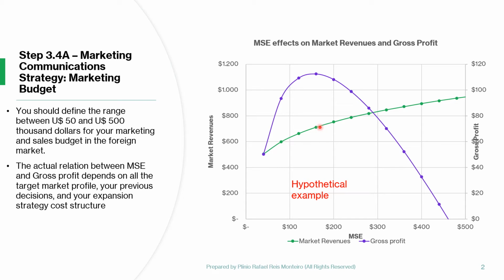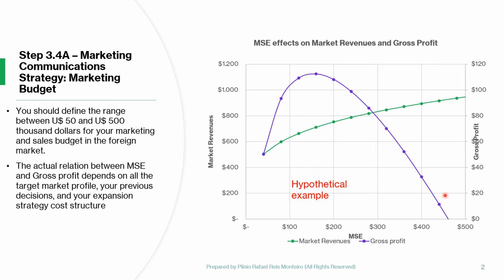So this is a big challenge. If you invest too little, you're not reaching the maximum profit viable for your business. But if you invest too much, then your profit can be reduced, and depending on the amount that you're spending, you can have a negative profit for your business.